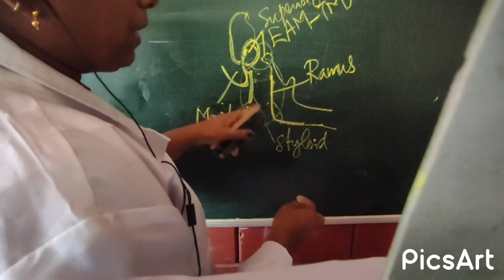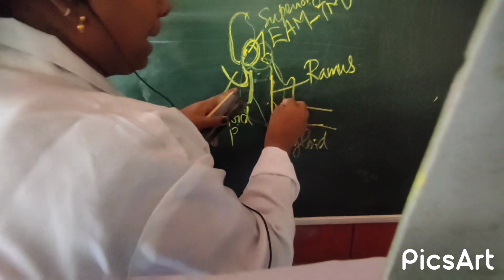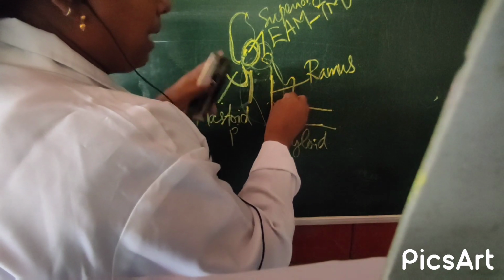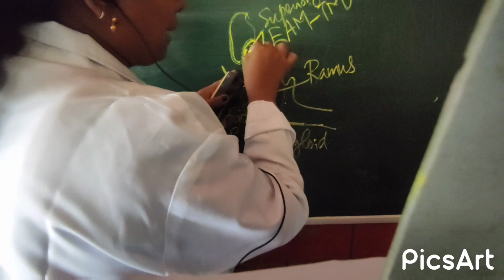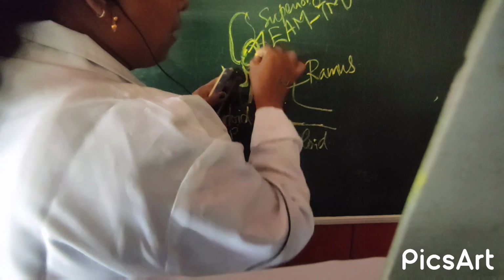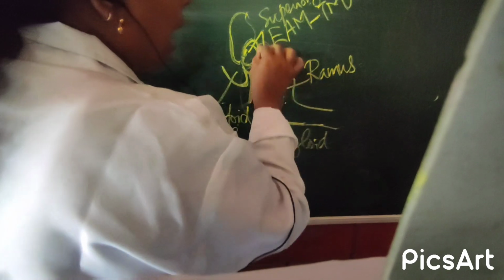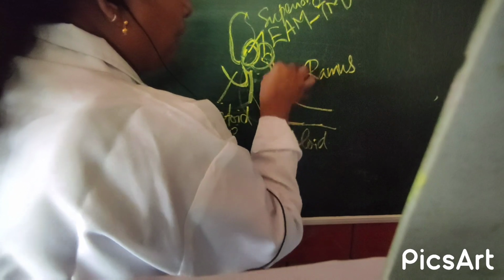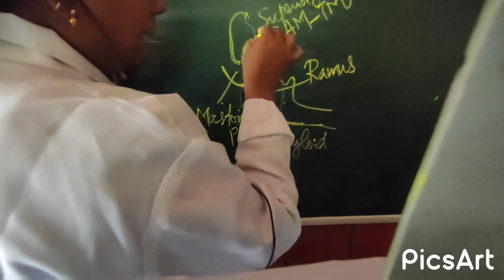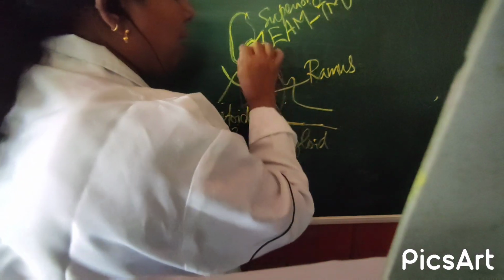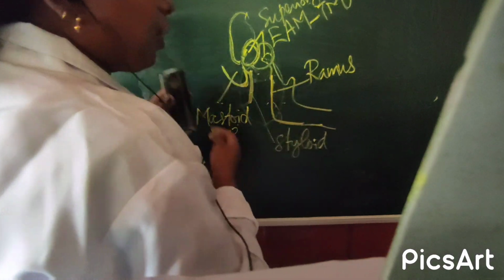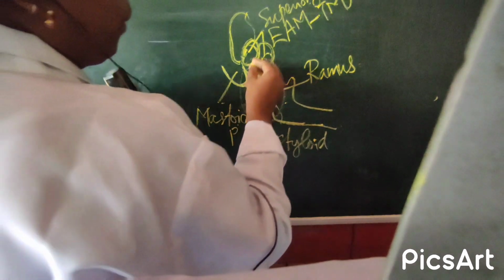So this is a space between structures of the mandible and the temporal bone: the mastoid process, external acoustic meatus, styloid process, and the joint between the head of the mandible and the mandibular fossa of the temporal bone. This space is known as the retromandibular fossa or the parotid bed.